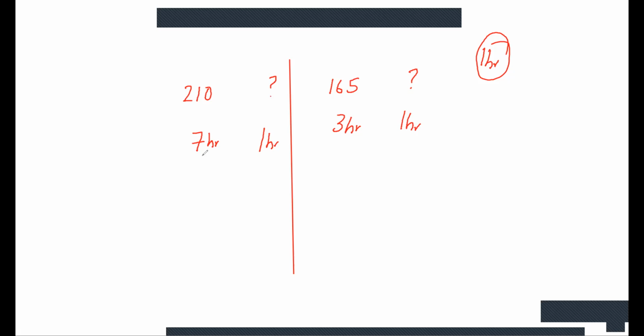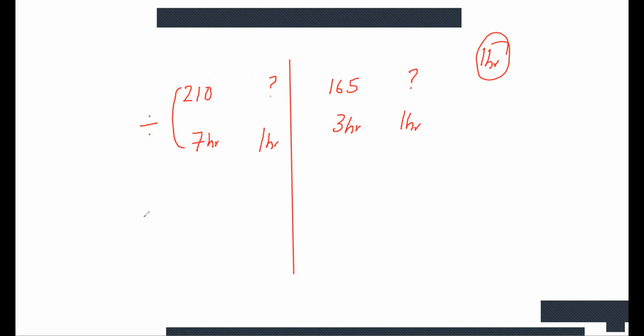What did I teach you that day? Malak, what did I teach you? 210 for 7 hours. For 1 hour, how much? What should we do, multiply or divide? Divide. Very good. This side you will divide and this side you will multiply.